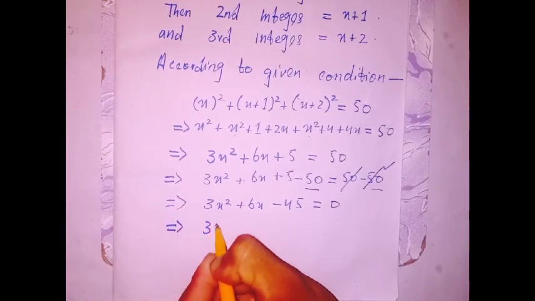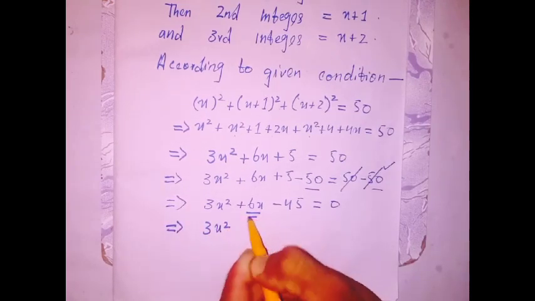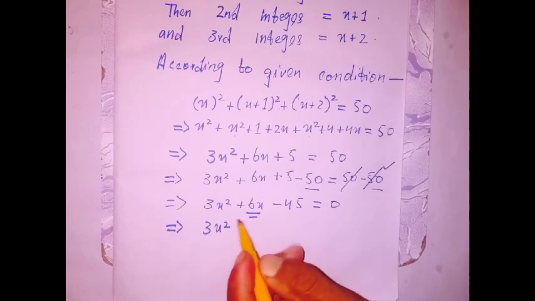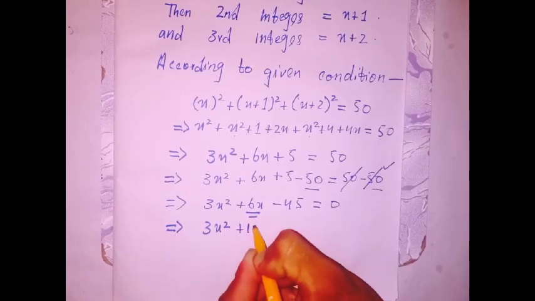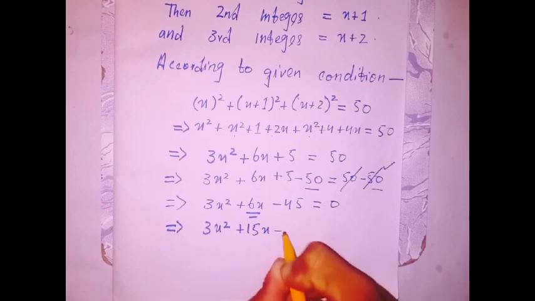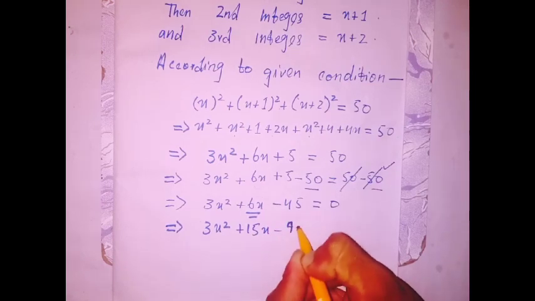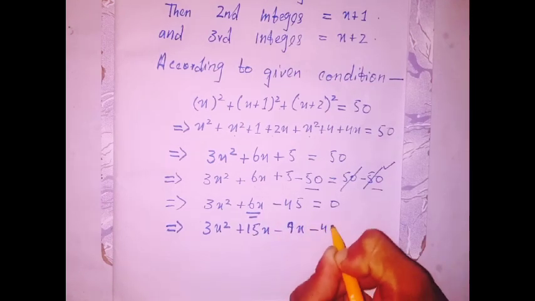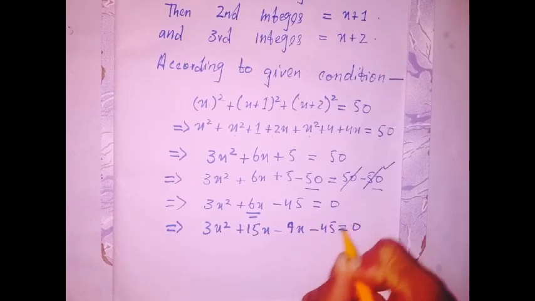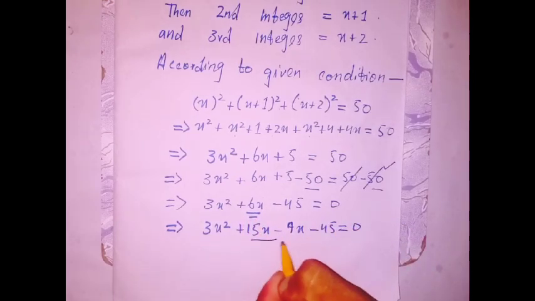Now it's a quadratic equation. We can solve it using the factorization method. So here we split 6x into two terms, which is plus 15x minus 9x, because if we add plus 15x and minus 9x, we get 6x.